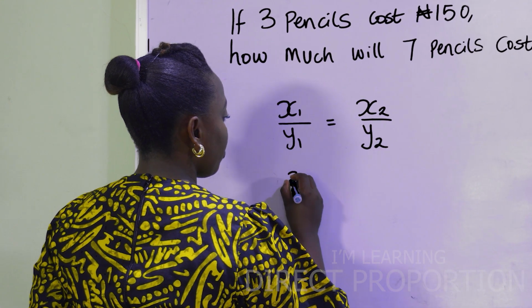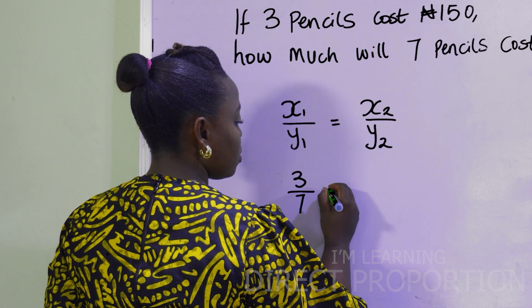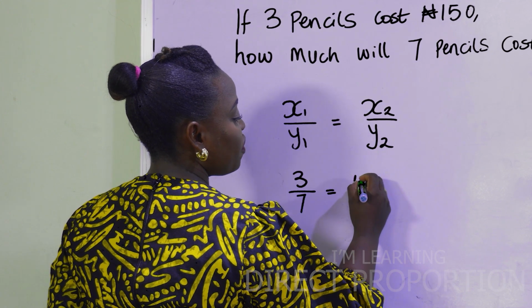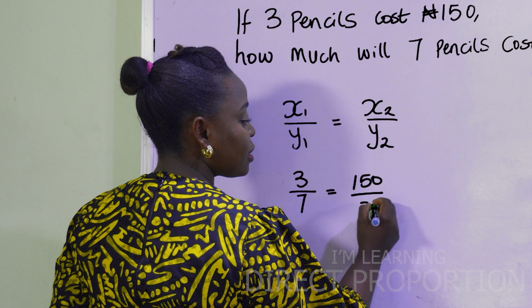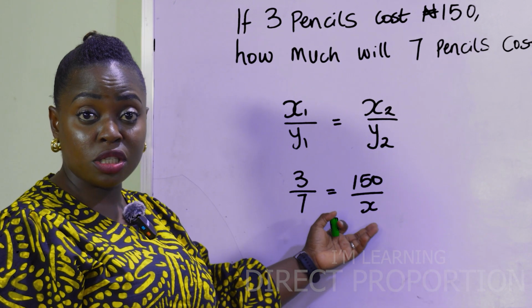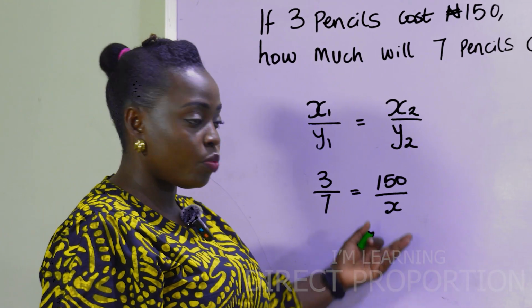So 3 pencils over 7 pencils will be equal to 150 naira over x. We don't know how much it costs, and so that's why we're representing it by x.